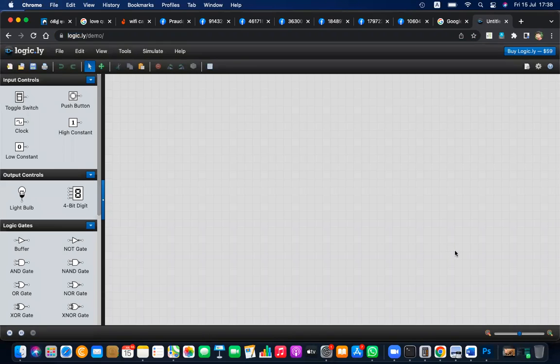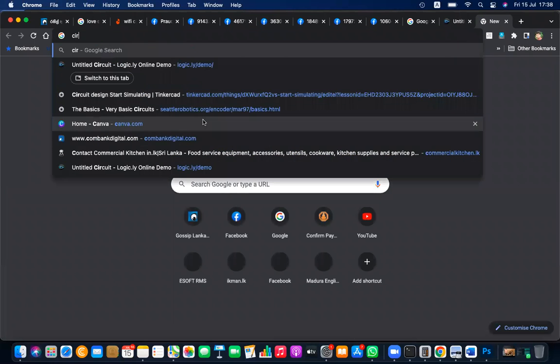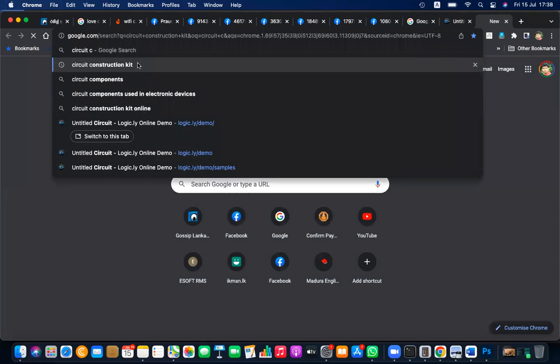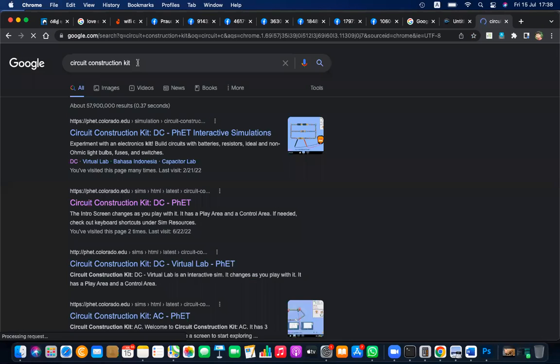Okay, the next thing is, in addition to this, please open this in another tab. This is a very basic online tool, which is given for kids by Colorado University.